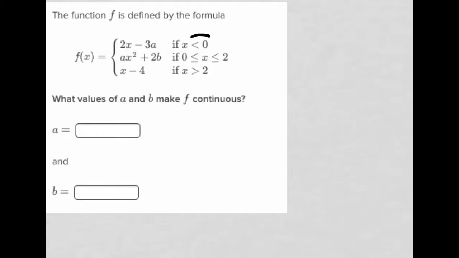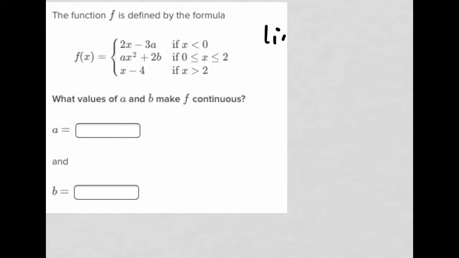So I'll take the left and right limit as x approaches 0 for these two. I'll take the left and right limit as it approaches 2 for those two functions. And then I'll set the equations equal and solve for a and b. That looks confusing, right? But I'm just trying to make sure that the limits are equal. That's the big idea.